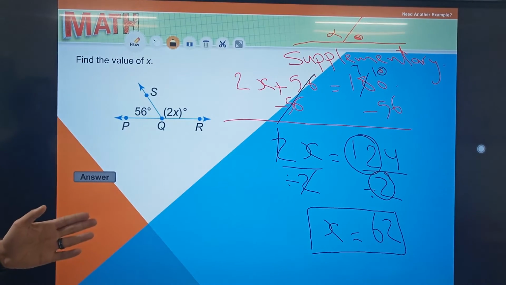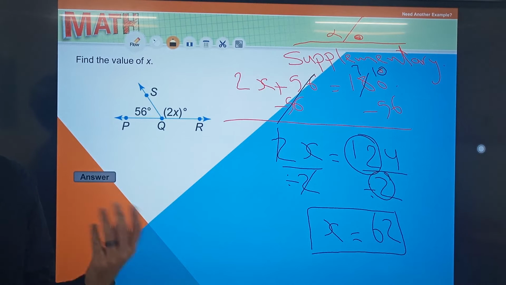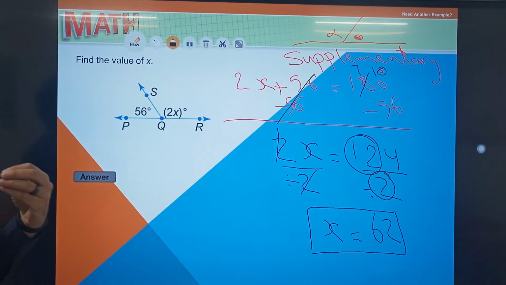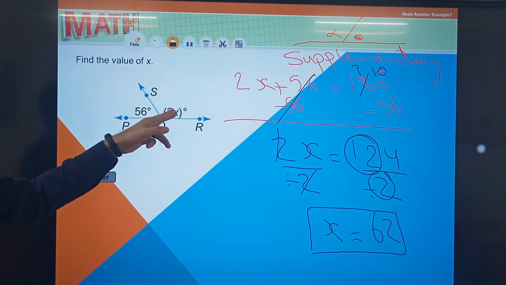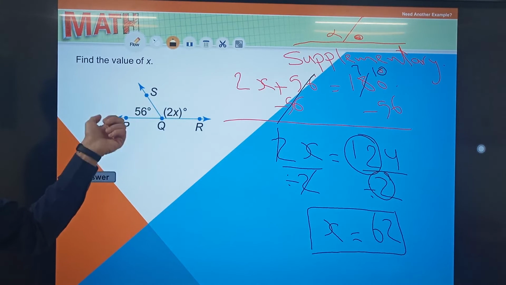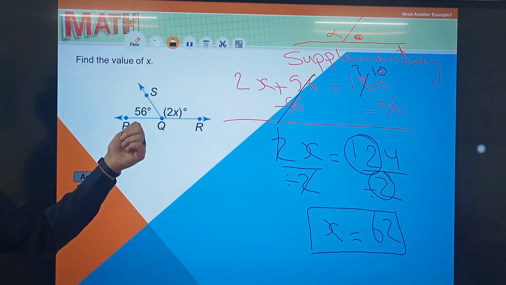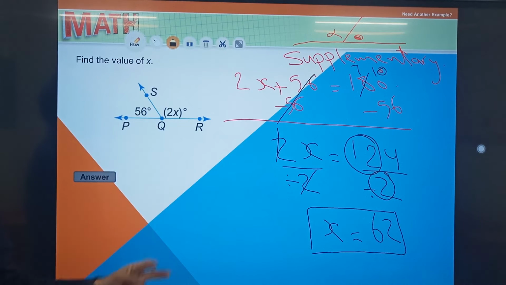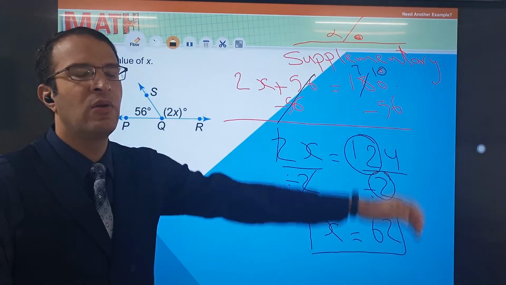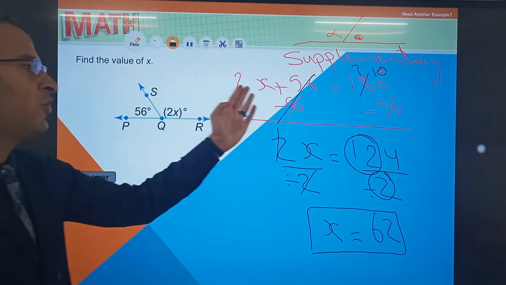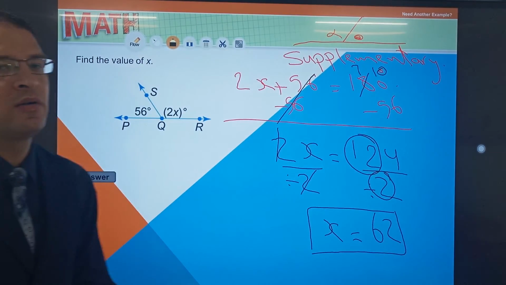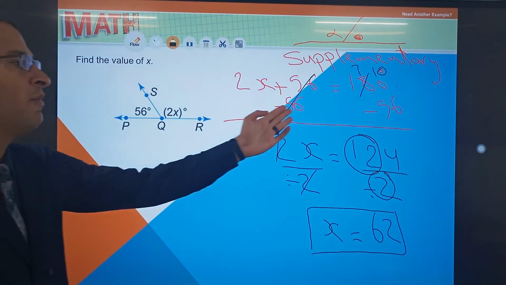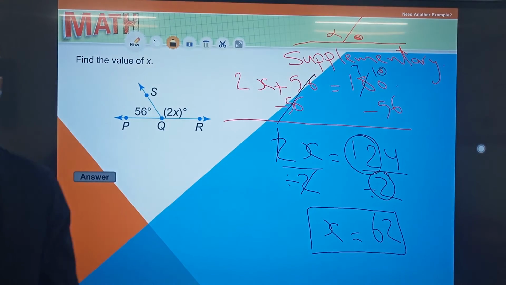So again, my friend, what do we do? Firstly, I will form the equation. How can I form it here? I will add the sum of these two angles, because I know that the sum of supplementary angles is equal to 180. So 2x plus 56 equal to 180. We will subtract 56 from both sides.